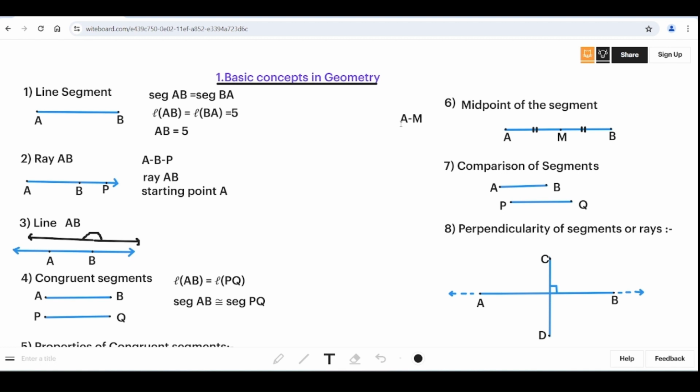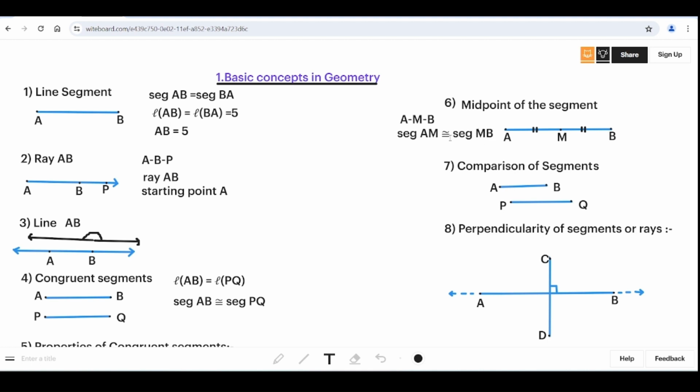M is between A and B. And M is such a point on the line segment AB that the AM distance is equal to the MB distance, means it is a midpoint of the segment, and we can say that their lengths are equal. So segment AM is congruent to segment MB.